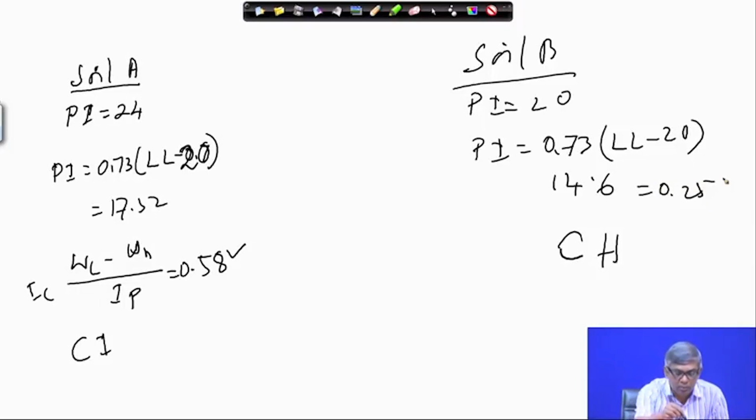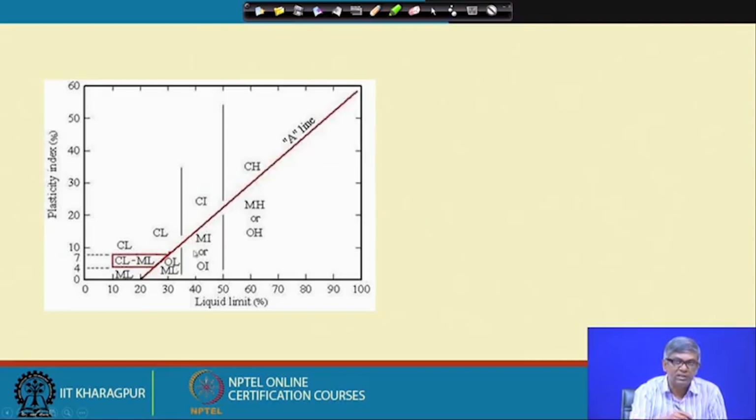And if I go back to the plasticity chart, whatever values I have got, 17.52 and 14.62, if I put them in, one will come here and another will come here. So, this one, soil B, is CH, that is clay of high plasticity, and A is coming here, clay of intermediate plasticity.